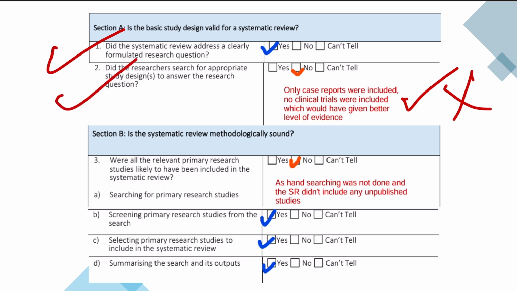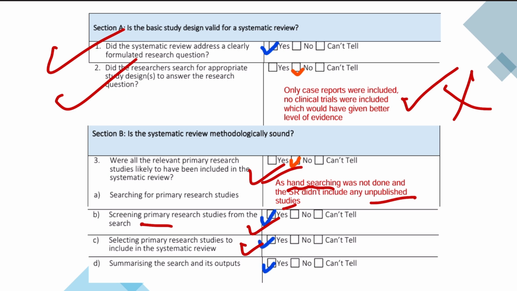Then, were all the relevant primary research studies likely to have been included in the systematic review? No, because they didn't do any hand searching, and they did not check for unpublished studies. Then we have screening of primary research studies from the search. Yes, that was done. Selecting primary research studies to include in the systematic review, yes, done.